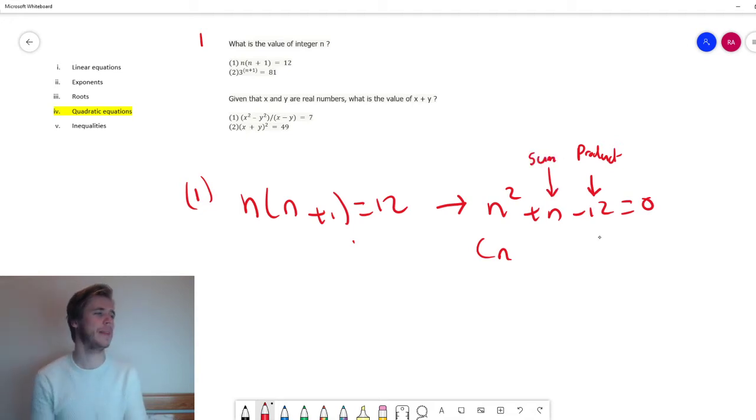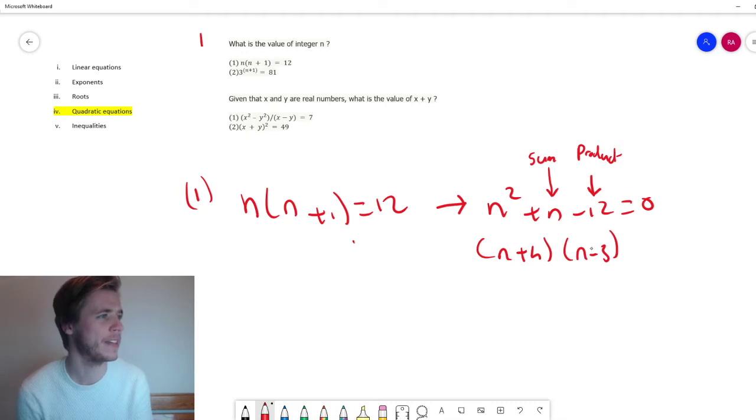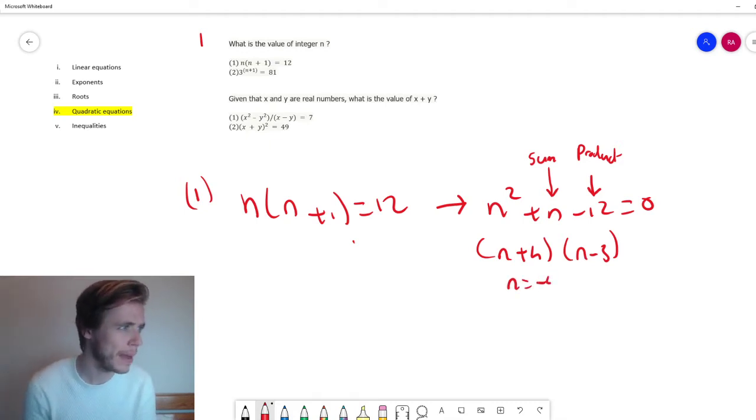So the product is going to be minus 12 and the sum will be 1. So we got n plus 4 and n minus 3, because 4 times minus 3 is minus 12 and 4 minus 3 is 1. So n is minus 4 or n is 3.